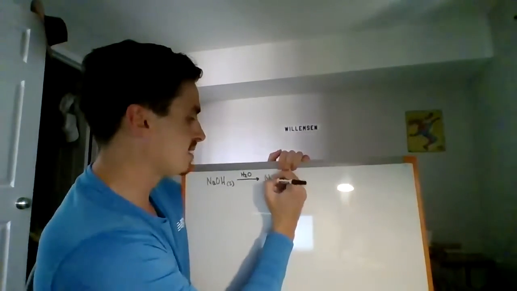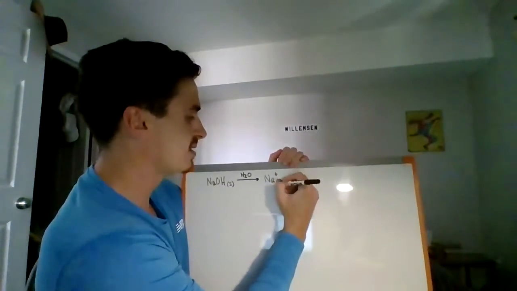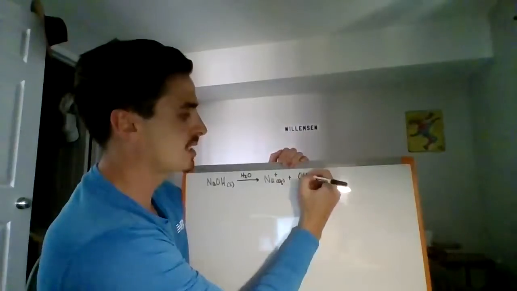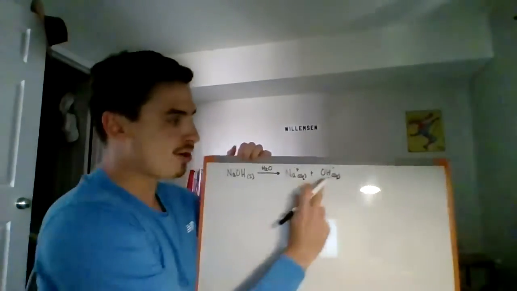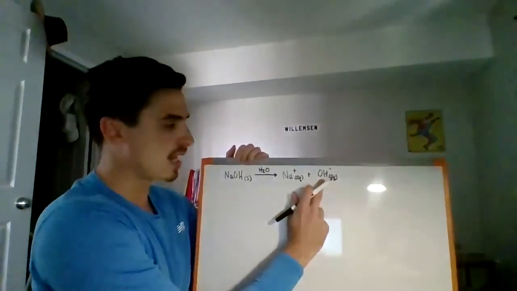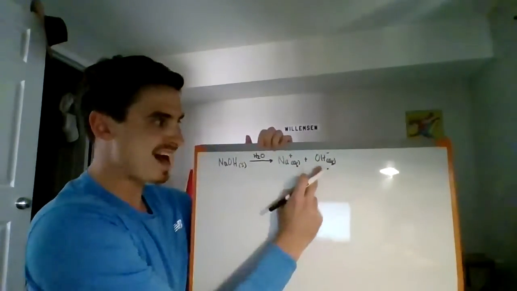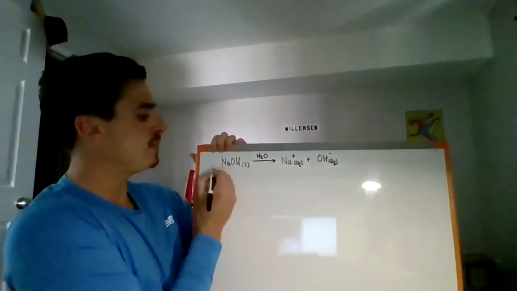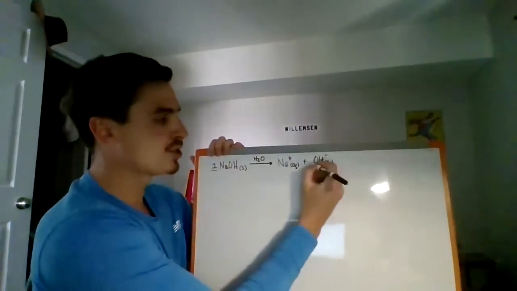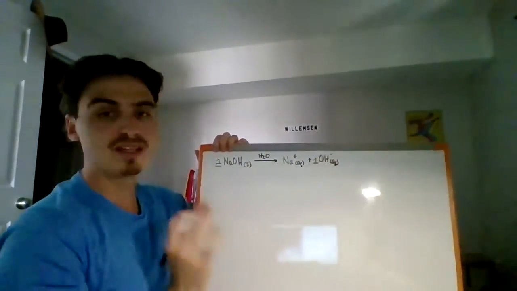And it dissociates into sodium ions and hydroxide ions in this case. I care about the concentration of hydroxide, but before I can do that, I need to figure out the concentration of NaOH. And because they both have a coefficient of 1, they will be the same.